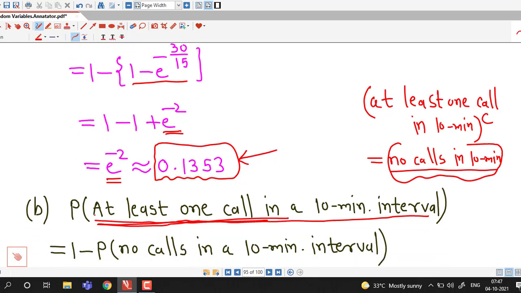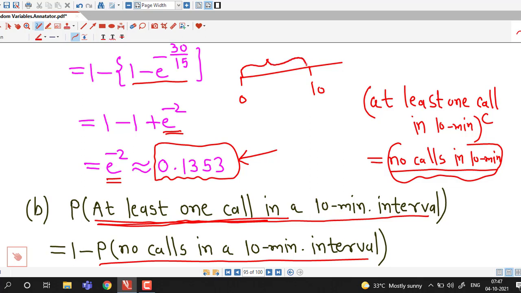So that I have written here, probability of at least one call in a 10-minute interval is equal to 1 minus probability of no calls in a 10-minute interval. Now if there are no calls in a 10-minute interval, then as we know this is the time between calls.